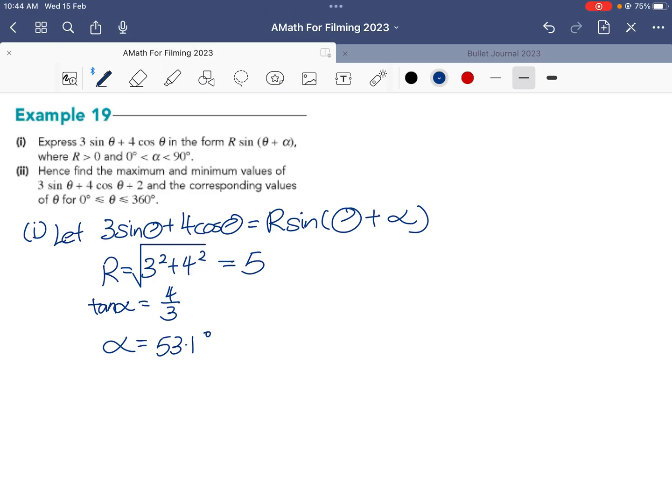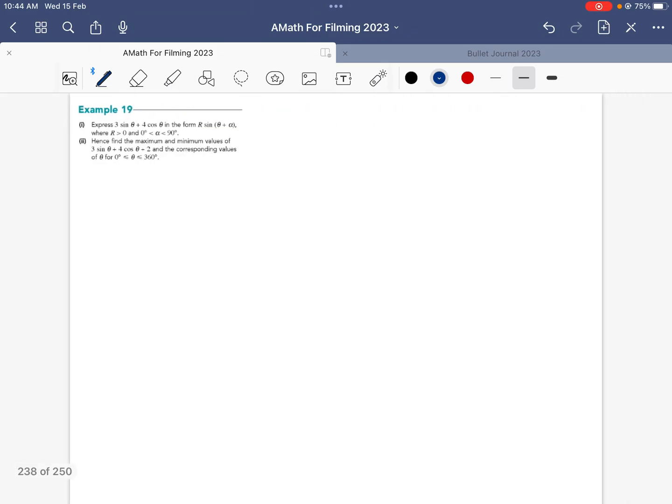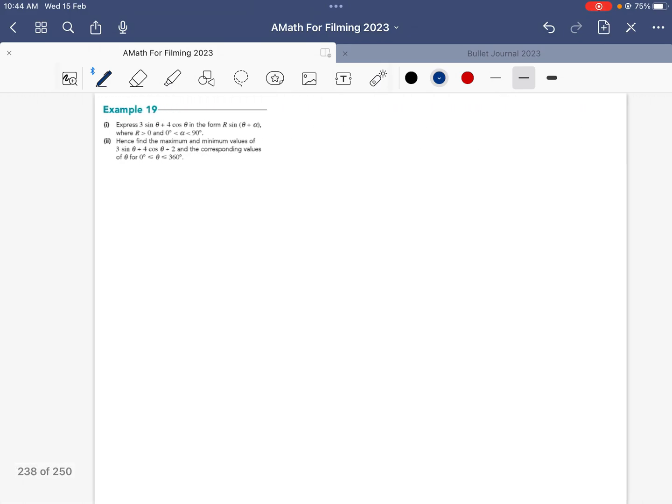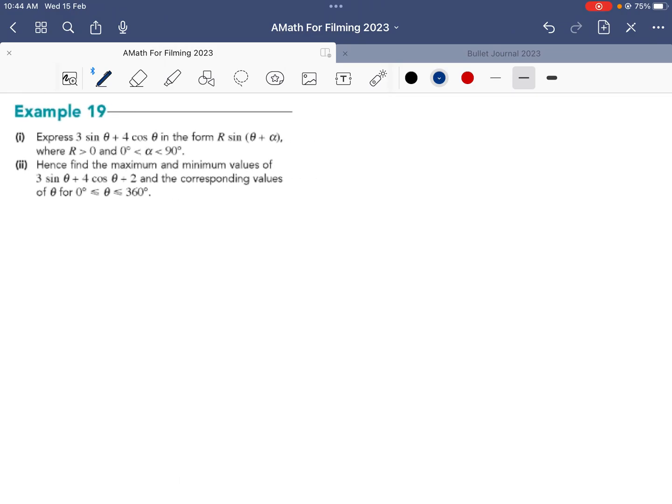Hence, what I can say is that 3 sine theta plus 4 cosine theta is equal to 5 sine theta plus 53.1 degrees. Okay, now I go on to part 2 itself. From part 1 we had that already, 5 sine theta plus 53.1 degrees.